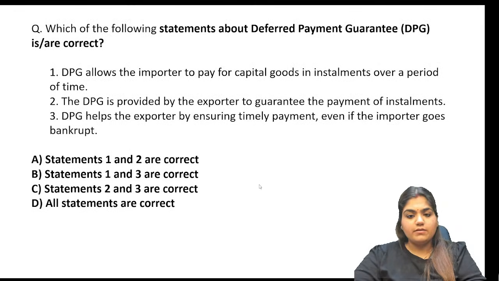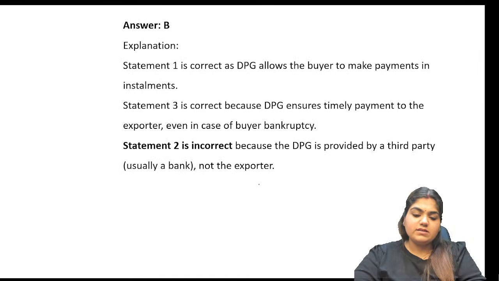Last question of the day. Statement number 1 is correct. 2 is not correct. DPG, that is deferred payment guarantee, is provided by a third party. That is the bank, not the exporter. Statement number 2 is incorrect. That will give us B as the correct answer.